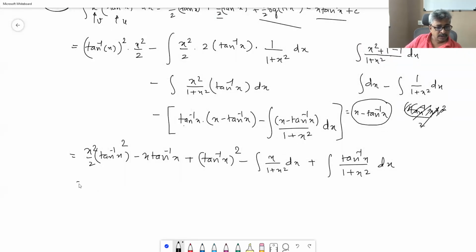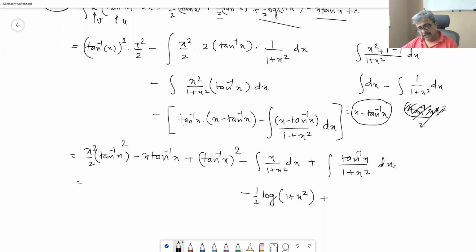So this is same x square. Up to this point it is over. What is the derivative of this? Half log, this is minus half 1 plus x square. And what is the derivative of tan inverse x?